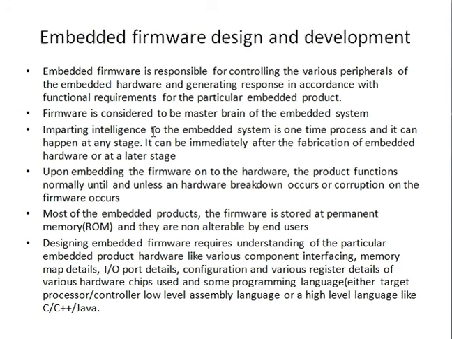To make the system more intelligent, definitely a firmware needs to be embedded into your system, and this is a one-time process. Whenever a manufacturer comes up with the product, they will put this firmware piece of code into the hardware, and they will release the product.